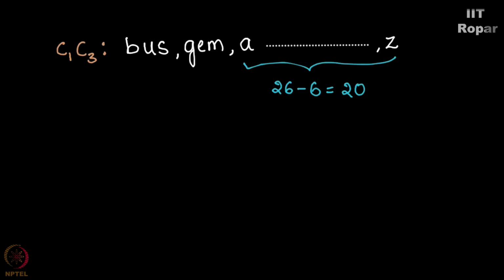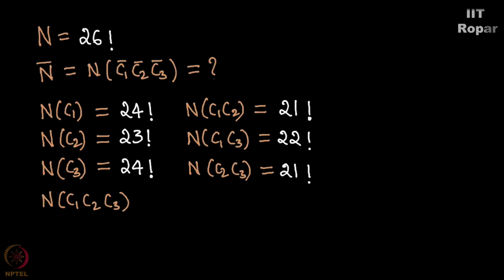It is 26 alphabets minus 6 alphabets, which is 20, right? 20 alphabets and bus as 1 unit, gem as 1 unit, which happens to be 22. So, permutations of these 22 units will give you words that contain bus and gem as strings. So, n of C1 C3 is 22 factorial.